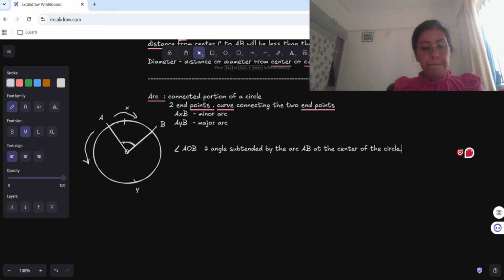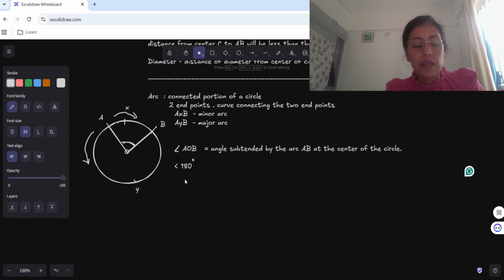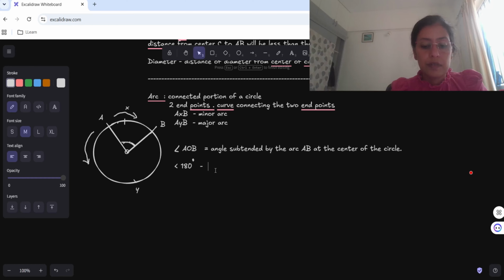Now what we'll see generally is, if this angle which is subtended by an arc at the center is less than 180 degrees, then this arc is a minor arc.